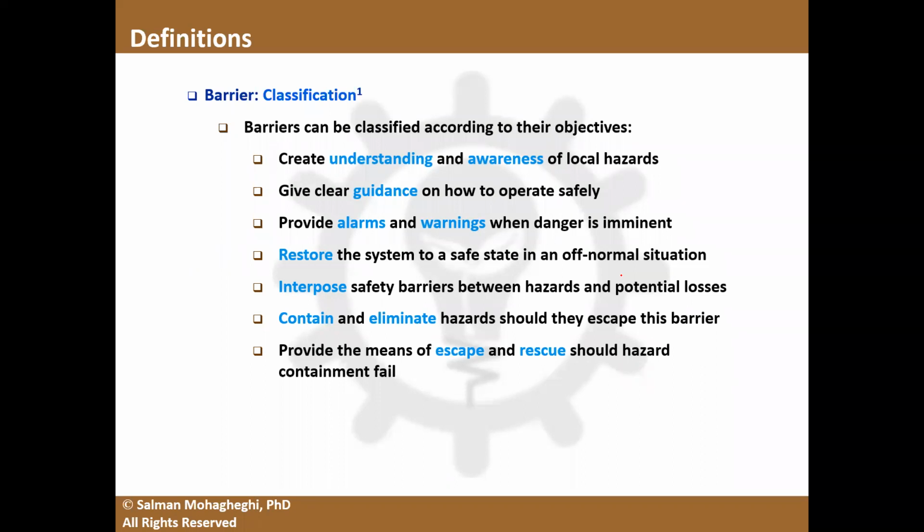It could also try to contain and eliminate hazards. This is something that is used a lot in, for example, nuclear power plants. There are barriers in place that make sure that if the unwanted event happens and there is a nuclear incident, the amount of radiation that reaches the outside world is contained as much as possible.